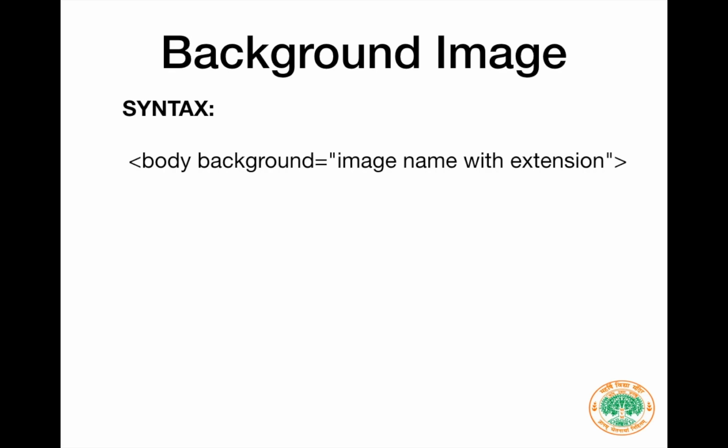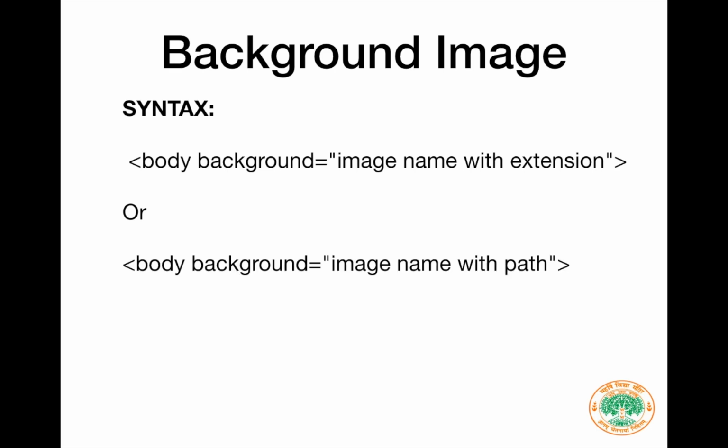You keep it in the same folder in which you have kept your HTML file. Otherwise, if you do not keep it in the same folder, then you have to give the entire path of the image, which becomes a little bit complicated. So I recommend, whatever image you want to set as the background, just put it in the same location in which you have put your HTML file.